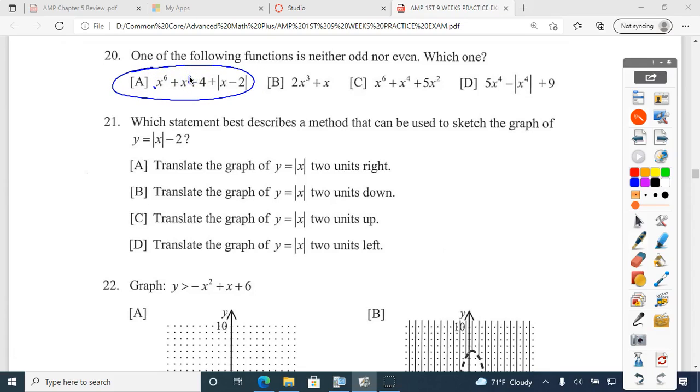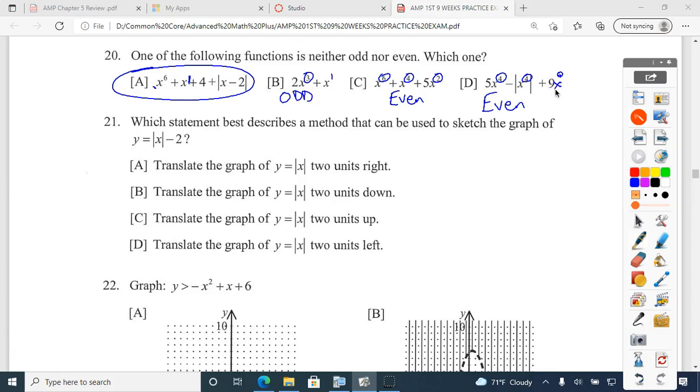It also has an exponent of 1. B would just be odd, 3 and 1. C would just be even, 6, 4, and 2. And D is also even, 4, 4, and 0. Remember, if it doesn't have a variable, it's to the 0 power. So A would be the one that's neither even nor odd.